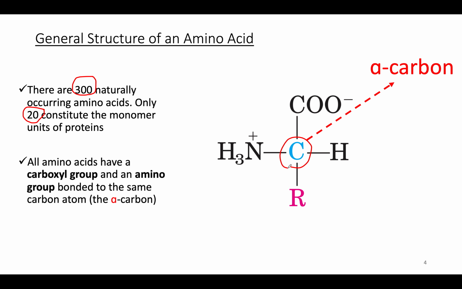If I want to define it in terms of organic chemistry, the alpha carbon is the carbon atom that is bonded to the functional group in an organic molecule. In amino acids, the alpha carbon is bonded to a carboxyl group, that is the COO minus group, an amino group, that is the NH3 plus group, and a hydrogen.